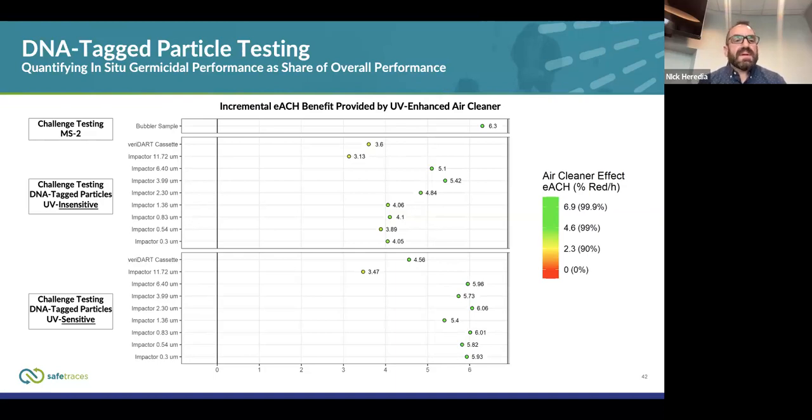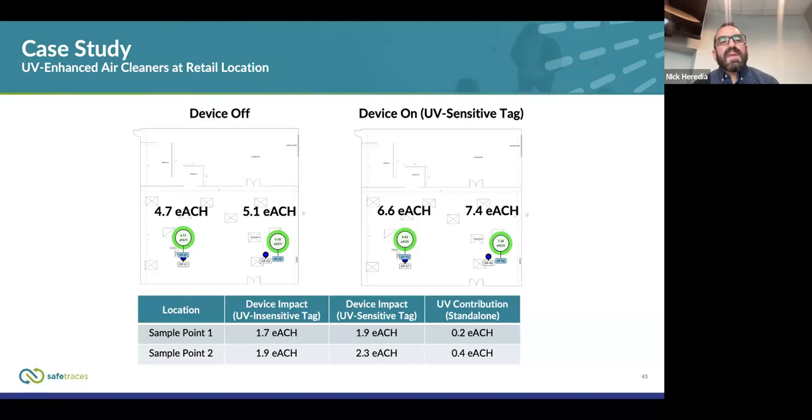You see the delta between the UV insensitive tag and the UV sensitive tag, the middle and the lower panels, with these equivalent air changes per hour measurements. Next slide, please.